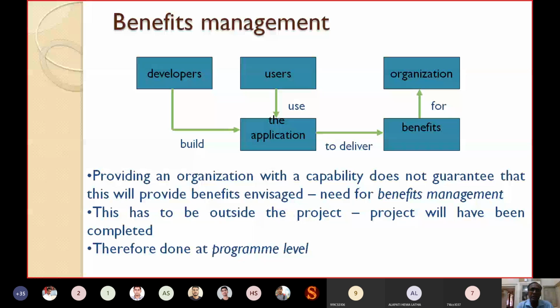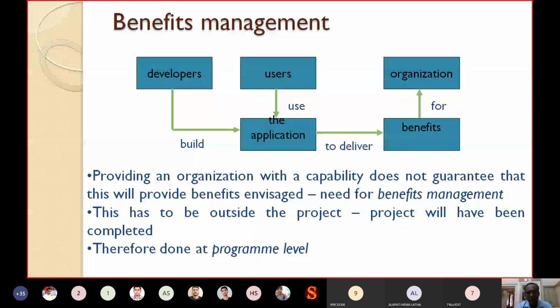They do not give any profit or any benefit. They have to be compensated. So benefits management is performed at the program level, rather than at the project level.